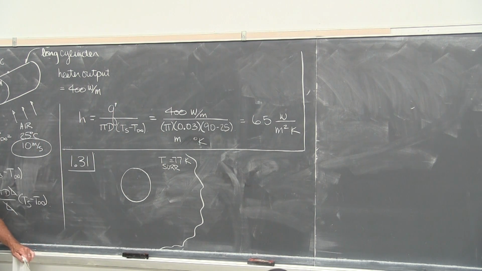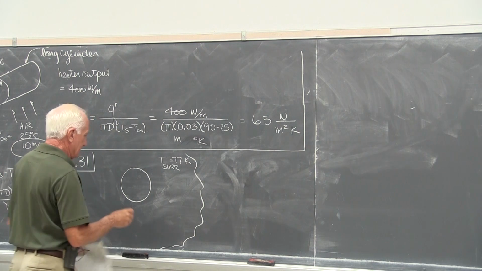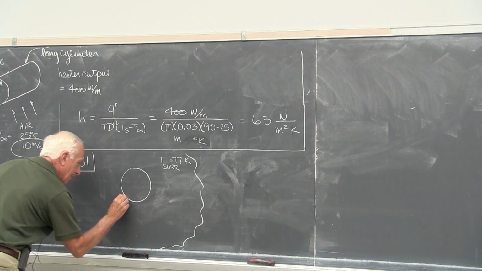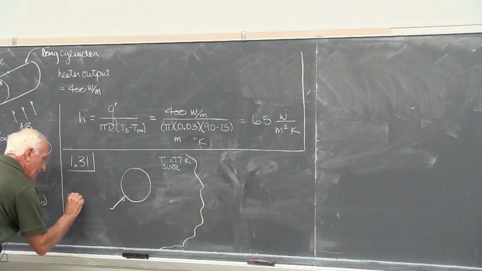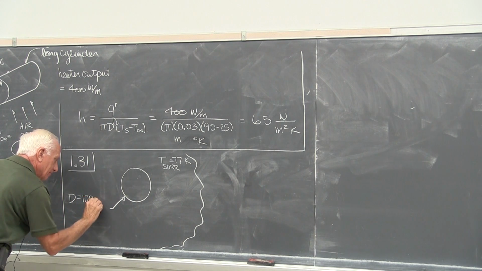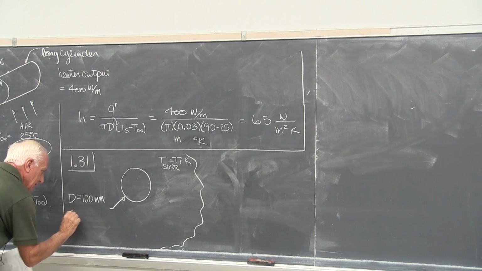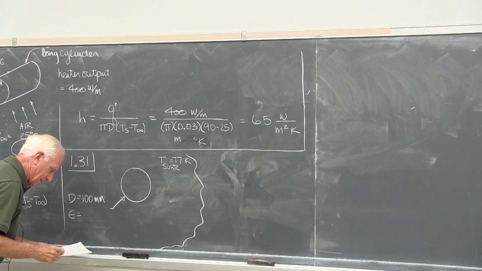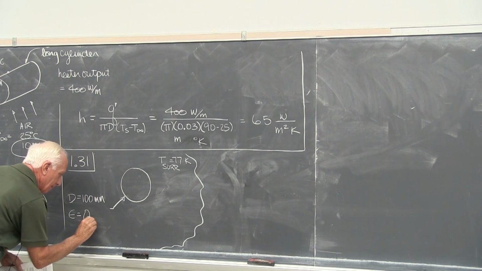The walls are the surroundings. The spherical instrumentation package is in the room where the walls surround it. Diameter is 100 millimeters. Emissivity of the instrumentation package is 0.25.